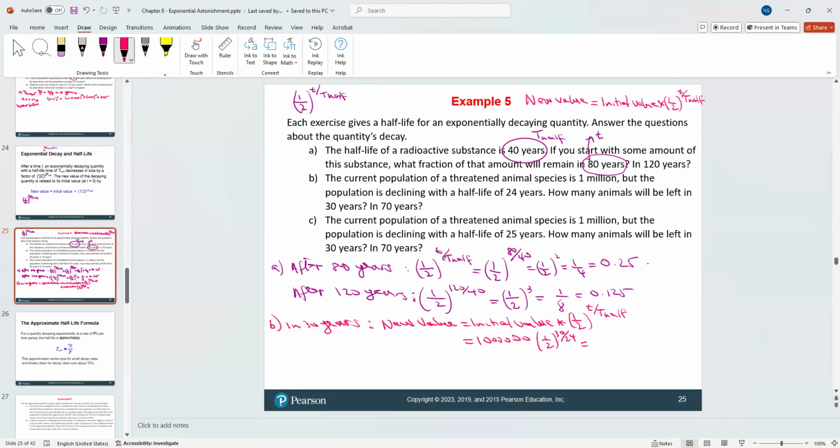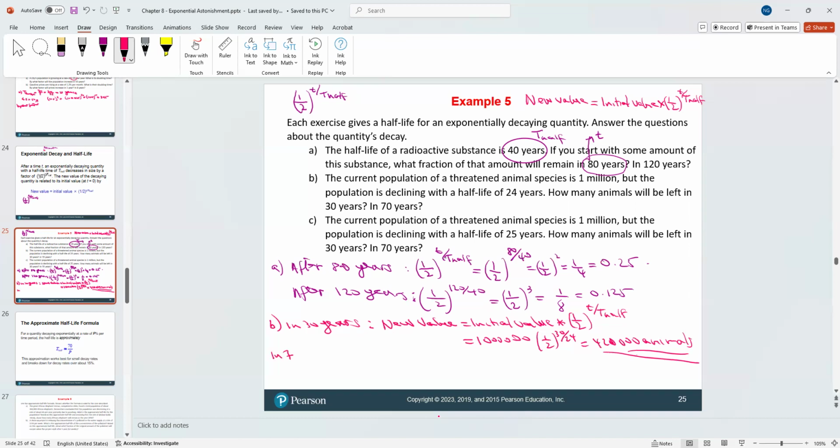Doing this in the calculator, divided by 24, that gives you 420,000 animals. Okay, 420,000 animals. Now, what happens in 70 years?